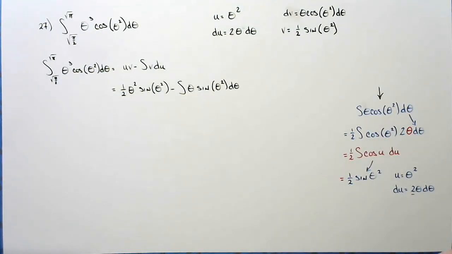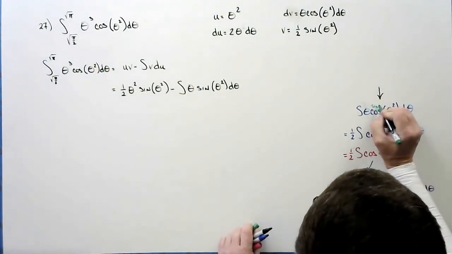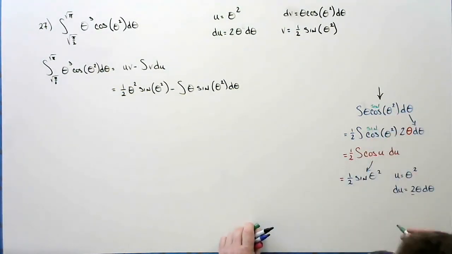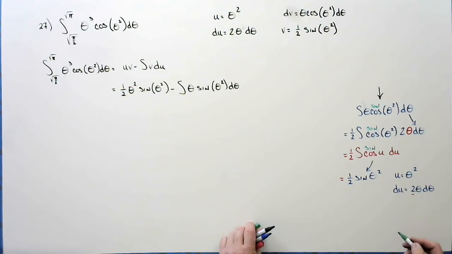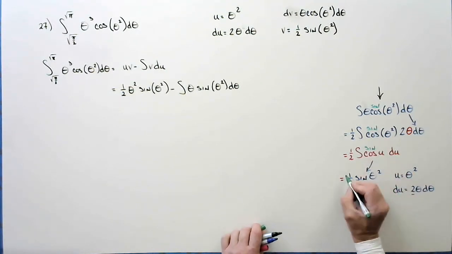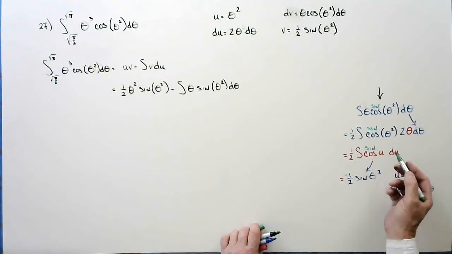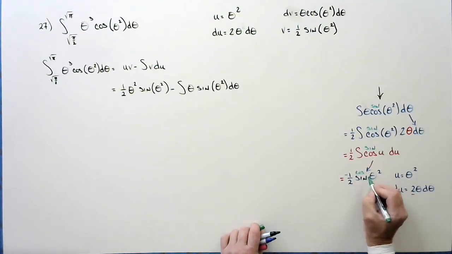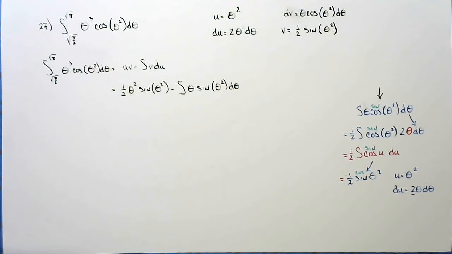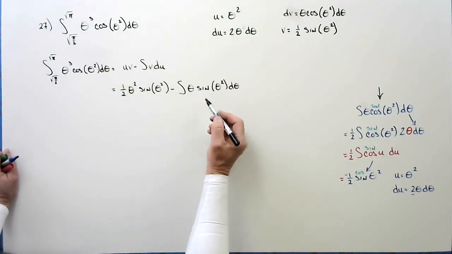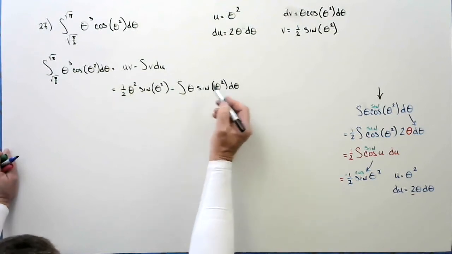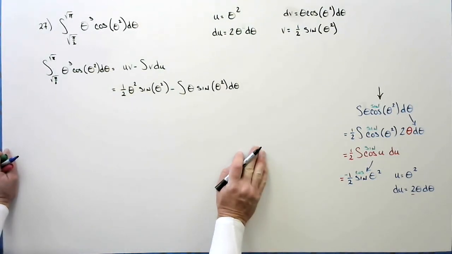We don't need to change this to sine, and then say, well, it's going to be sine u du, and when I integrate sine, I'm going to get a minus because the integral of sine is negative cosine theta squared. So we don't even need integration by parts here. This is just a straight section 5.5 u sub problem.